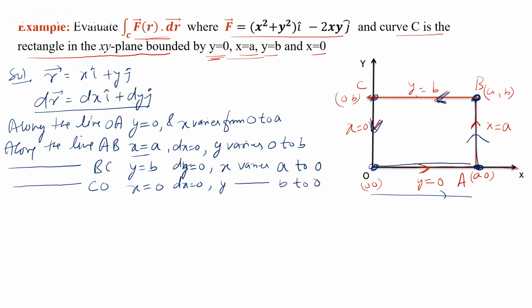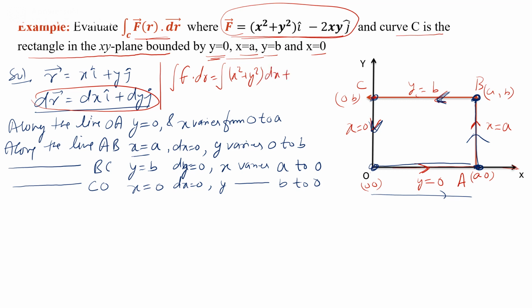Here first I write the integral, that is the integration of f dot dr. So that vector dot product with dr, we write that is x square plus y square dx minus 2xy dy. So we have to evaluate that integral along these lines.